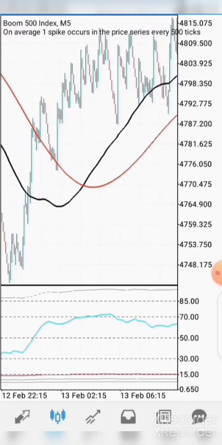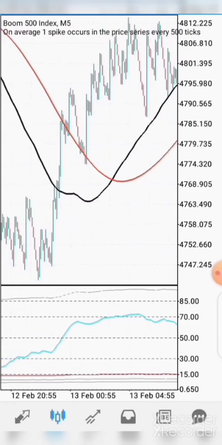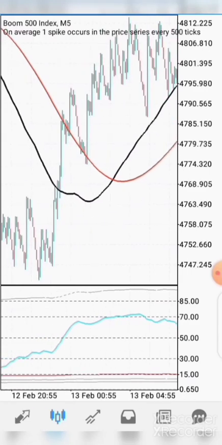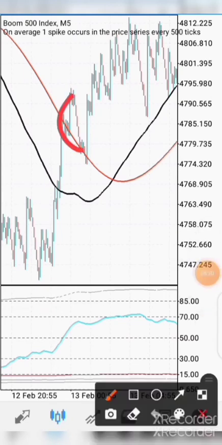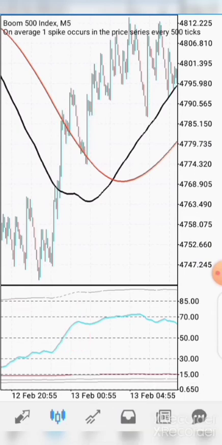Let's move forward. Now, there's a condition for a buy here. Look at the condition for a buy here and here. So you buy here, right? Like I told you, I'm going to show you where you make losses here, minimal losses. You buy.